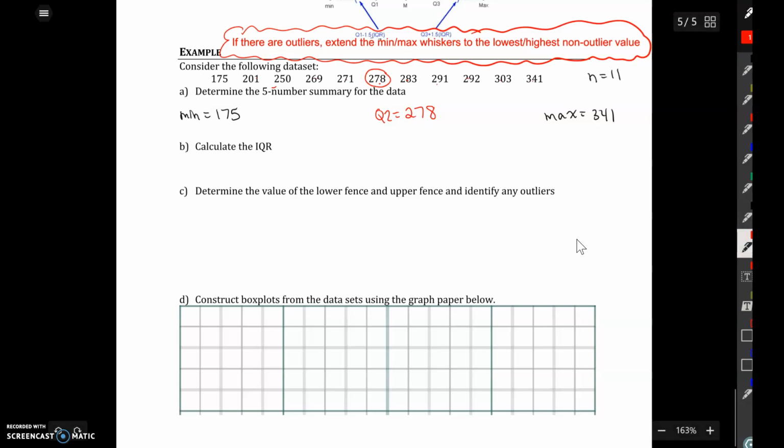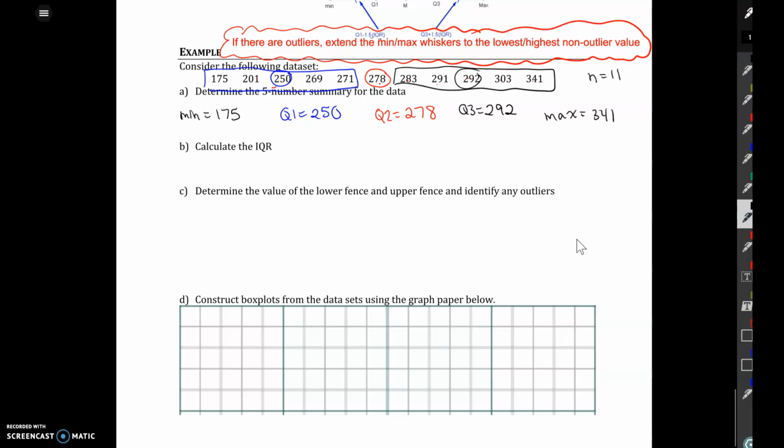Now we will find our Q1 value, the median of the lower half of our data, and then our Q3 value is going to be the median of the upper half of our data set.